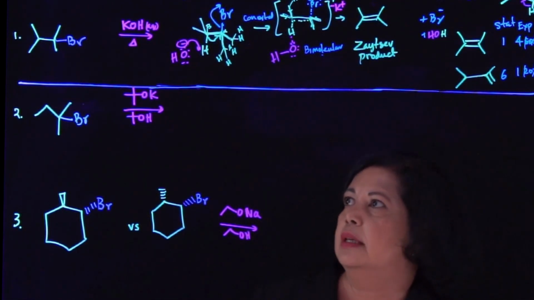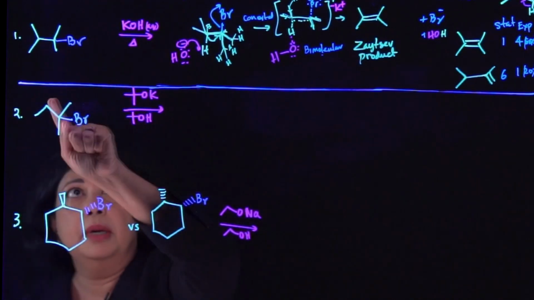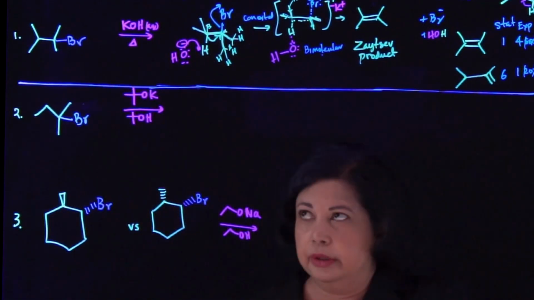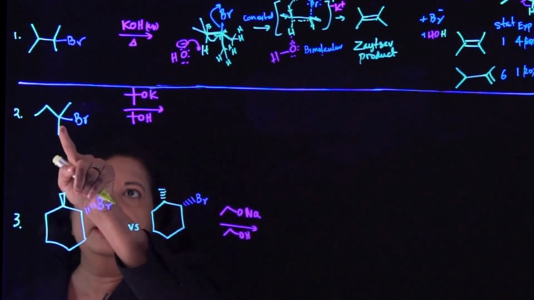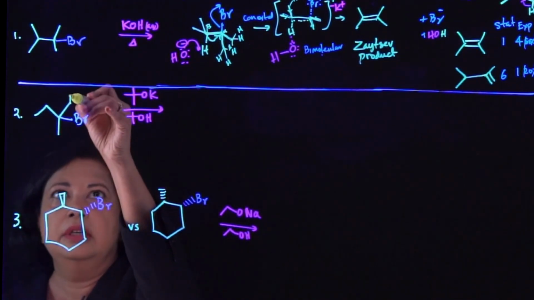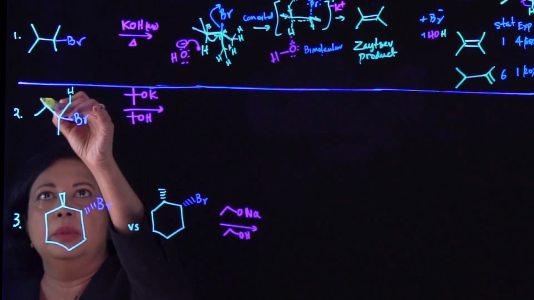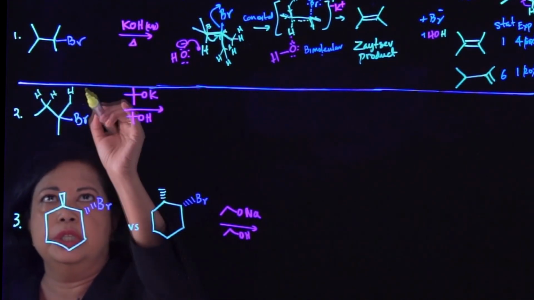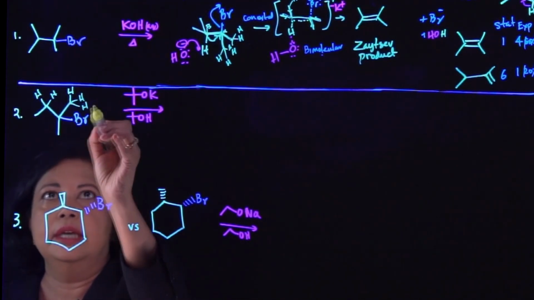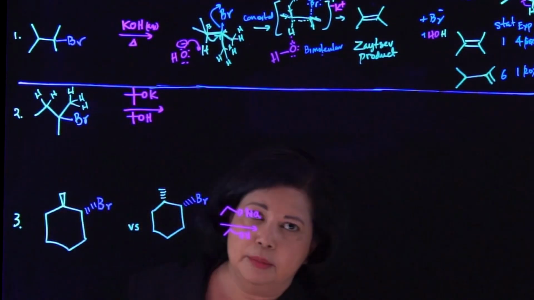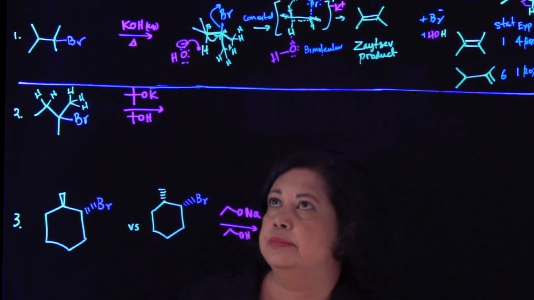Well, what's another possibility? Then we can talk about E2, just like over here. So now, if you're going to do an E2, your base is going to come in, well, can attack here, so it has to do with just pulling off hydrogens. It's just going to take off these hydrogens and do an elimination, just like over here.